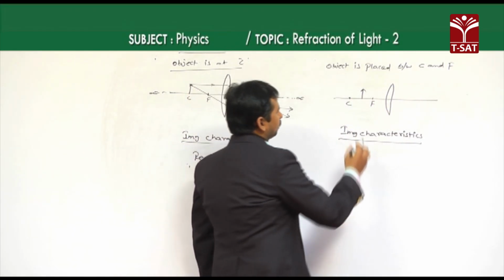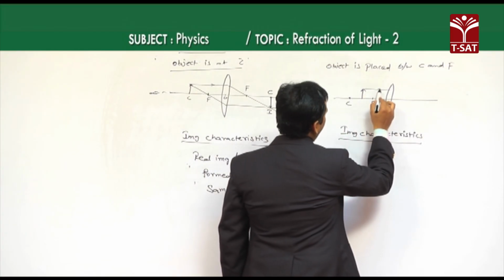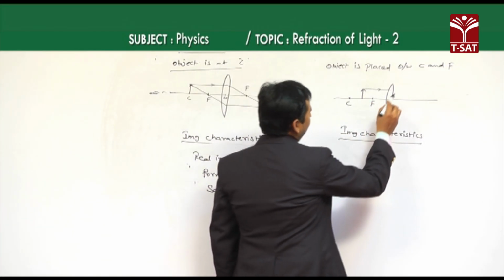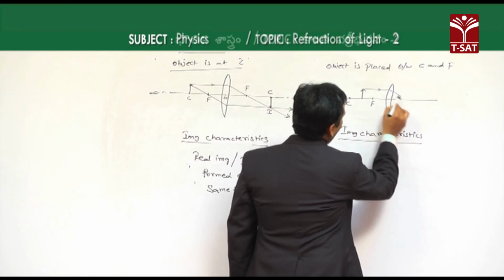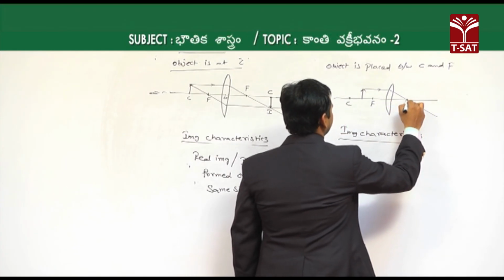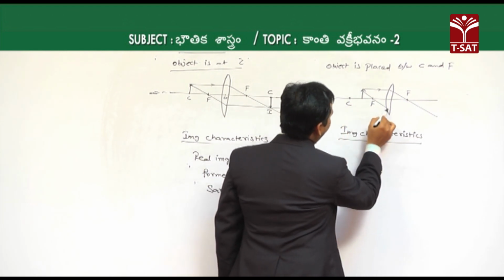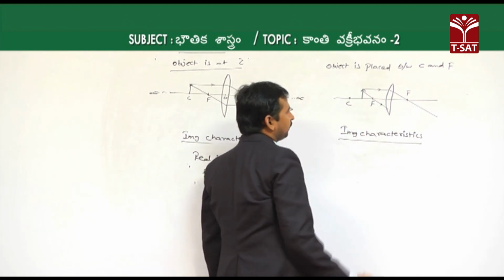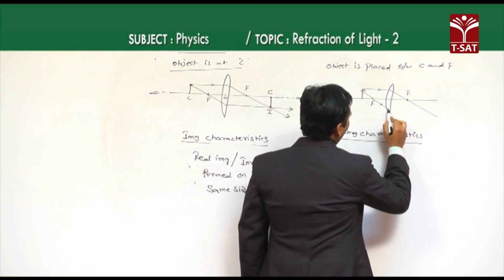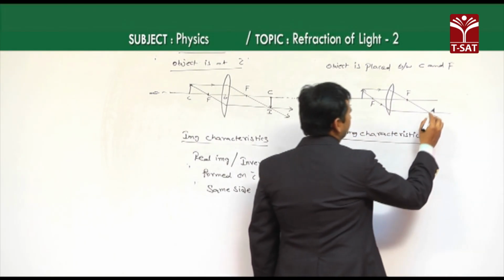Then after refraction, the light ray passes parallel to the principal axis. Rule 1: after refraction, it passes through the principal focus, and the second light ray we are taking is passing through F, like this. After refraction, it passes parallel to the principal axis there.